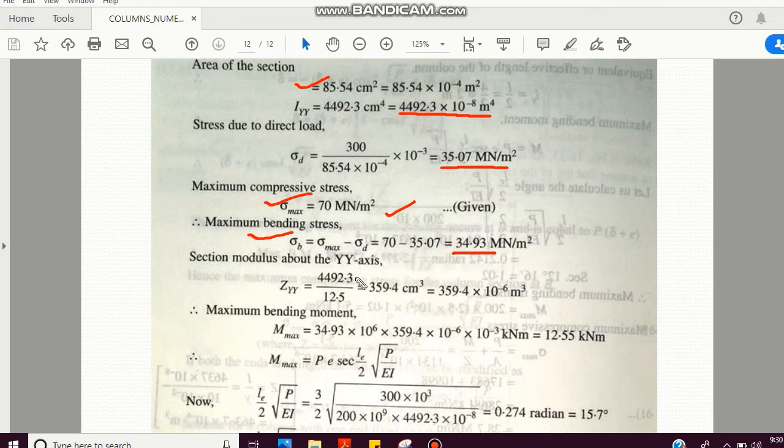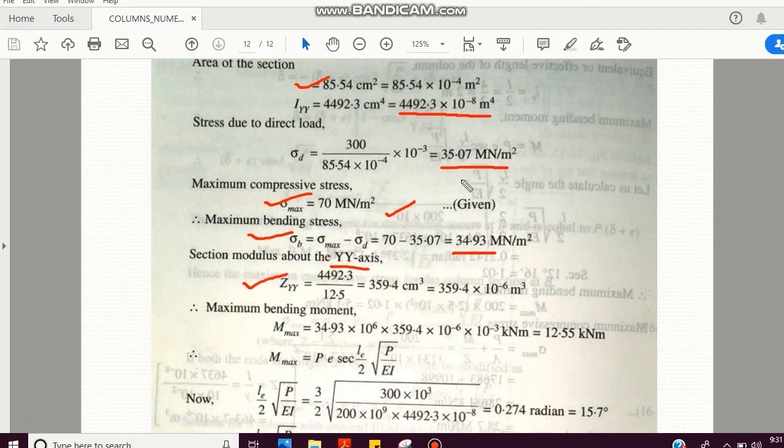Now the section modulus about the YY axis, Z YY, equals the moment of inertia about the YY axis divided by the distance of the extreme fiber from the neutral axis in x direction, that is 12.5, because the total distance is 25 centimeter, so divided by 2 that is 12.5.